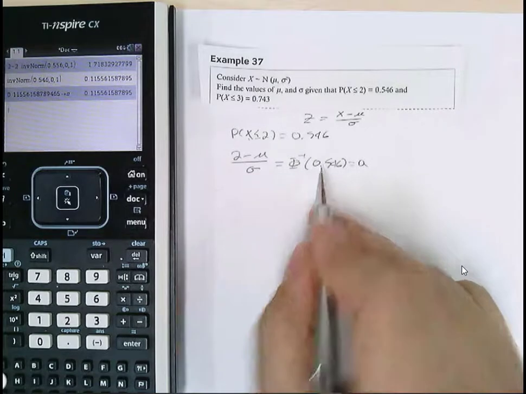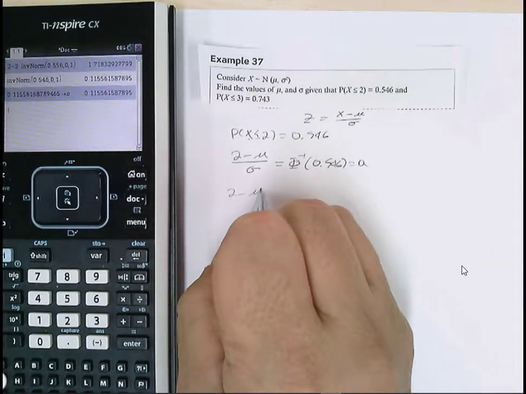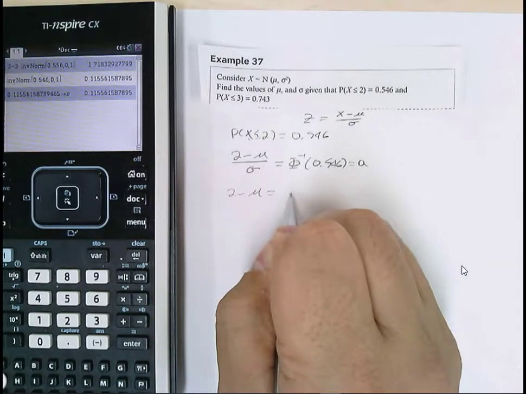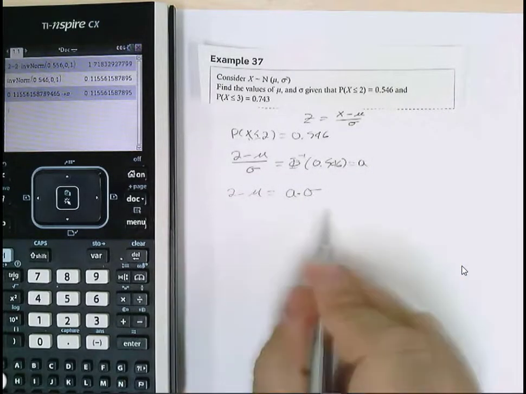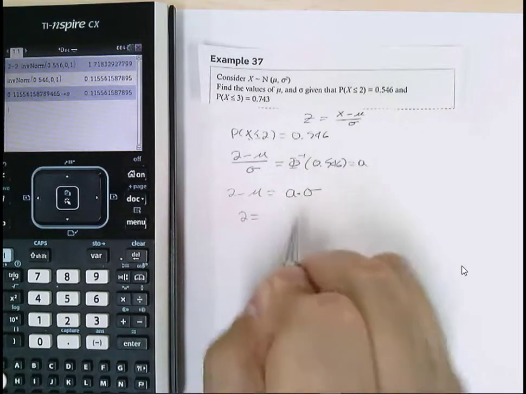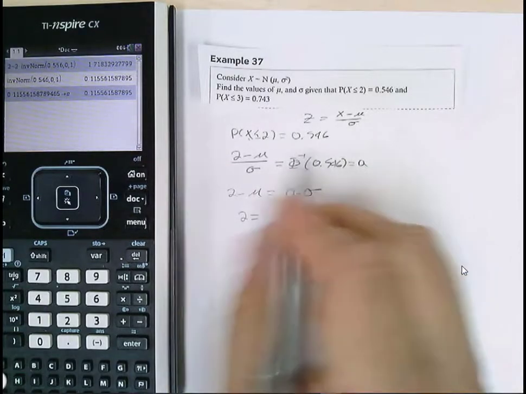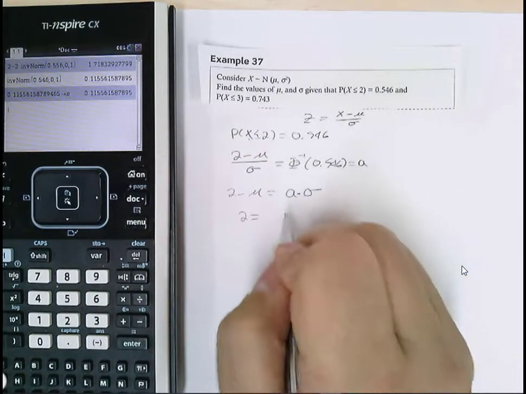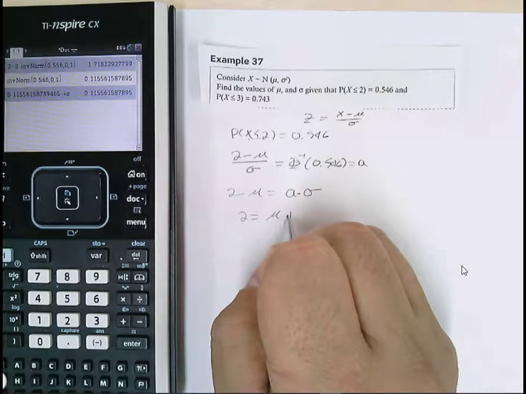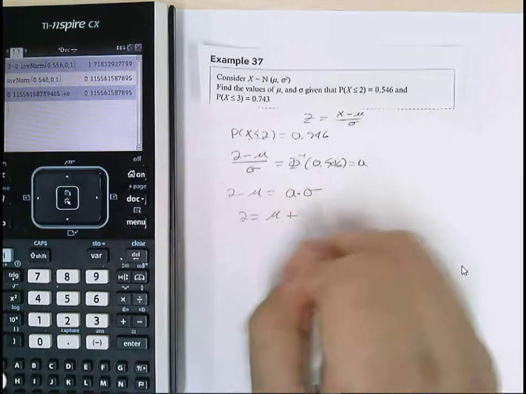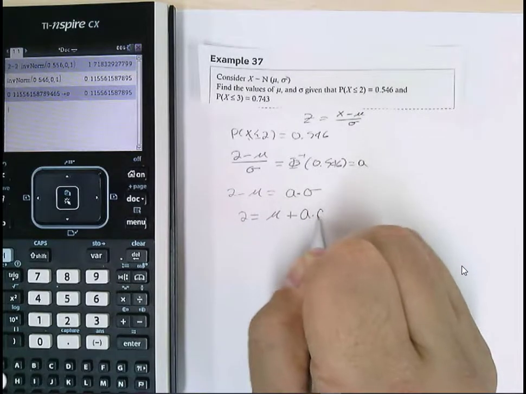Multiply by my standard deviation, so I get 2 minus mu is equal to a times my standard deviation, and then add mu. A is a constant, I know what it is, it's just loaded up. But I have one equation with 2 unknowns.